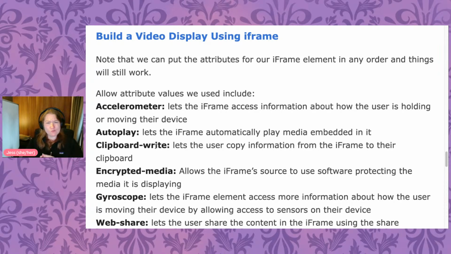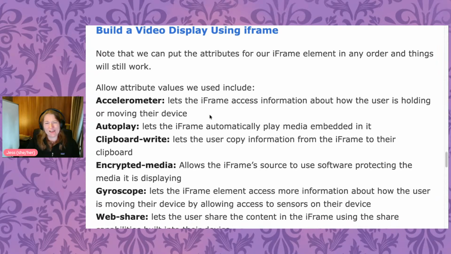The clipboard write permission says, hey, if my user wants to maybe right click on this and copy the URL of this content to their clipboard, cool, you're allowed to copy it to the clipboard.